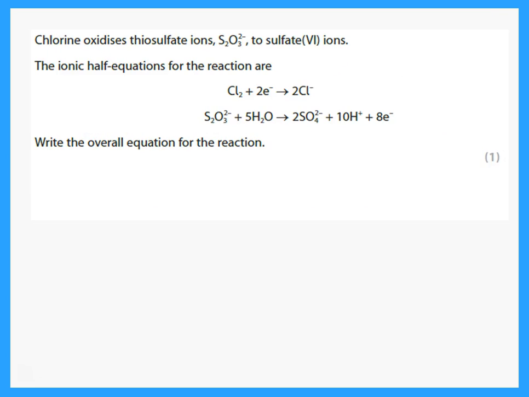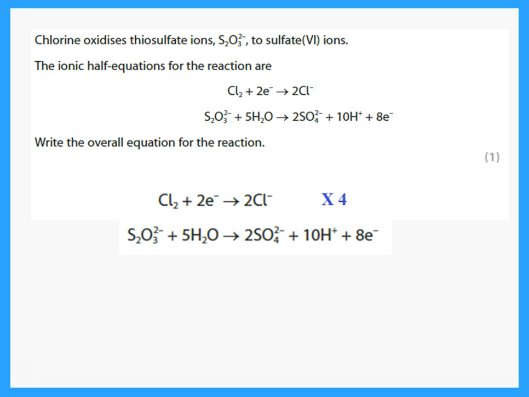This is a question where he says write the overall equation for the reaction. So he's trying to get you to do the addition of these two half equations. And we said, if I have these two half equations, what should I do? The first thing, it's already balanced. So the first thing is we try to make the number of electrons equal. One of them has 2 electrons, the other one has 8.